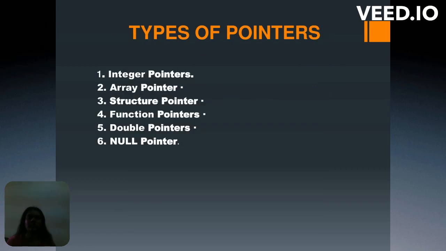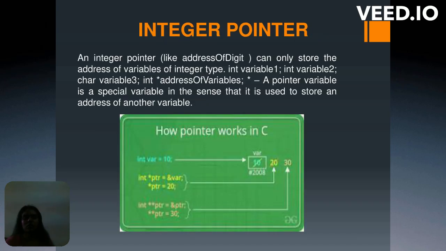The different types of pointers are mainly integer, array, structure, function, double, and finally null pointers. We'll first speak about the integer pointer. An integer pointer is a type of pointer where we can store only the addresses of variables of integer type.